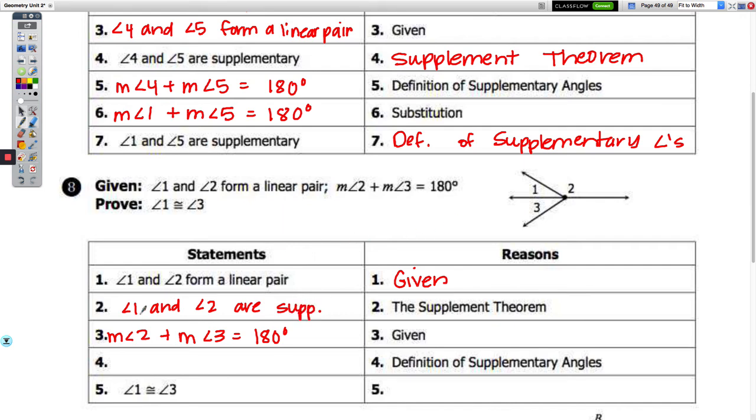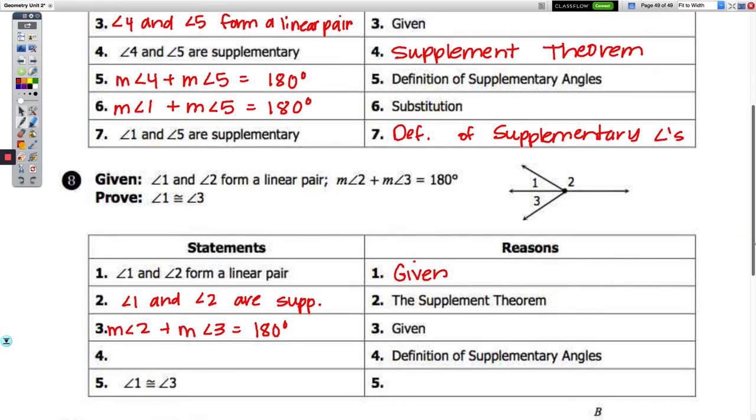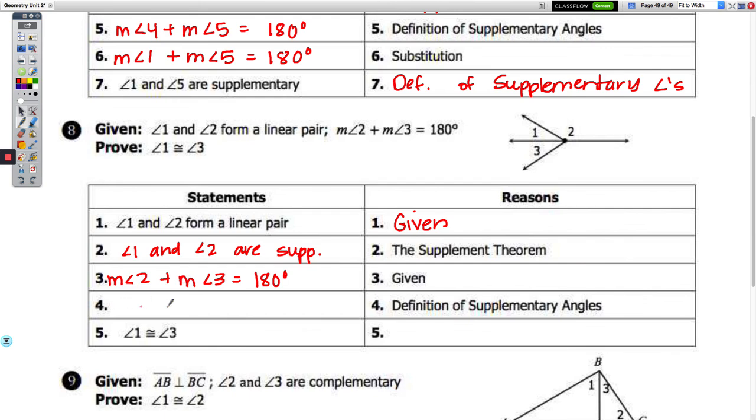And then if we go from the measures of angle 2 and angle 3 being 180 degrees, we can say, by the definition of supplementary angles, that angle 2 and angle 3 are supplementary, right?